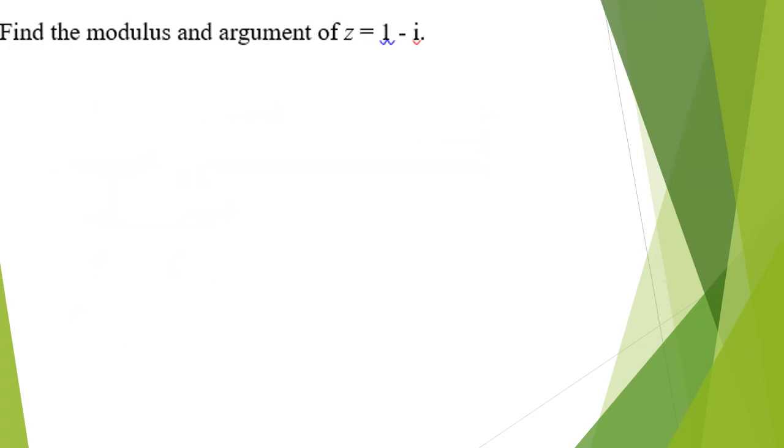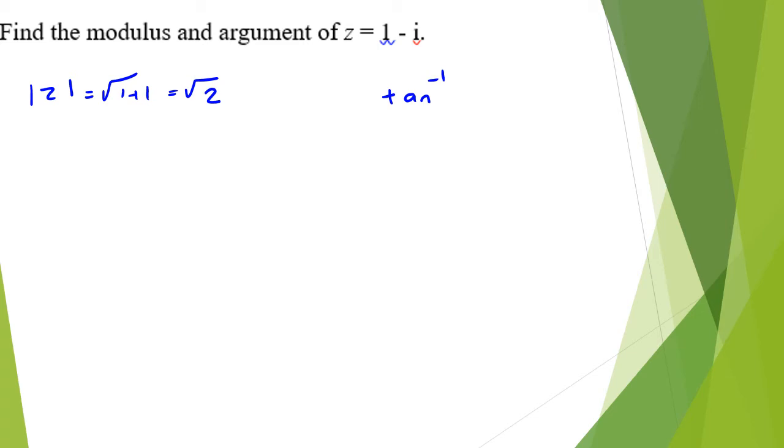Next one, find the modulus and argument of z, which is 1 minus i. The modulus means the length of z, which is the square root of the imaginary part squared plus the real part squared, so basically square root of 1 plus 1 equals square root of 2. Now the argument of that is tan inverse of imaginary over real, opposite over adjacent.